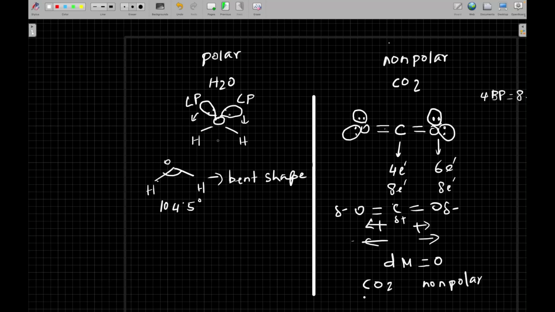And the asymmetry is thus introduced within the water molecule due to lone pair and bonded pair repulsion.